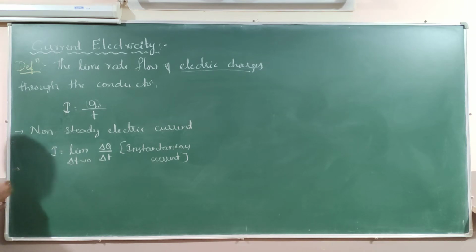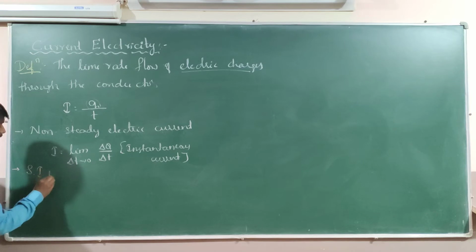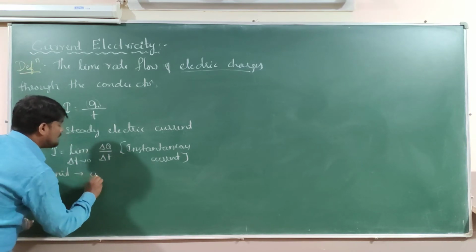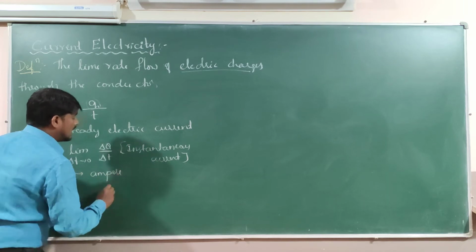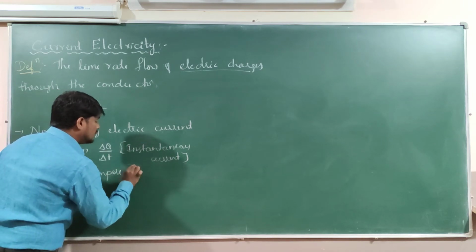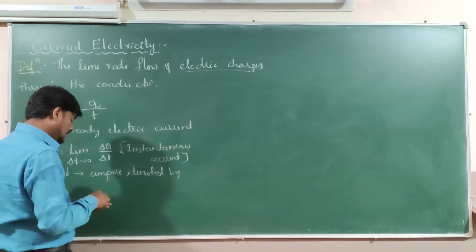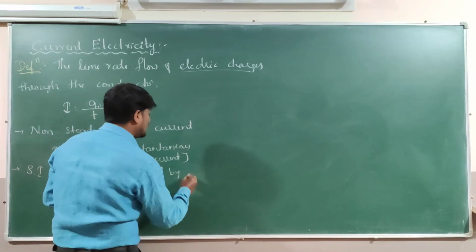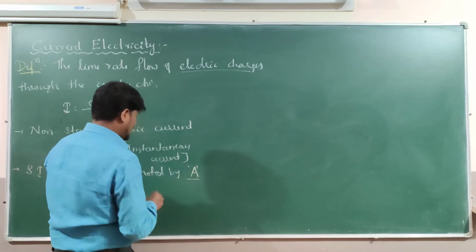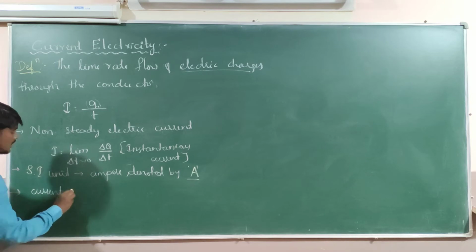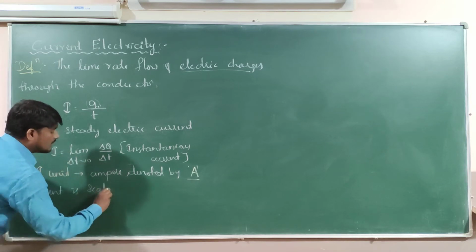The SI unit. The SI unit of electric current is ampere. Ampere is denoted by, as we already know from the first year chapter, capital A. Then the next point is that electric current is a scalar.